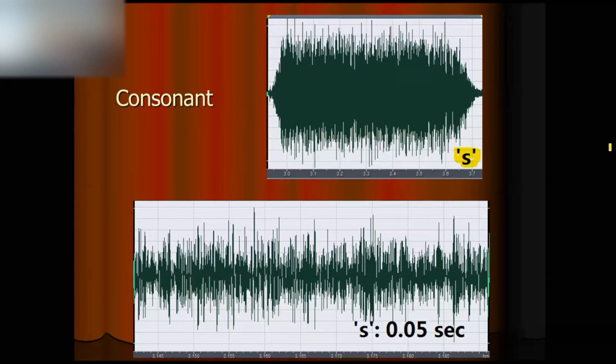If we do the same zoom-in, we check the consonant for 0.05 seconds. We don't see any regular pattern. This is why we say consonants are mostly non-periodic. You don't see a periodic pattern over time for that.